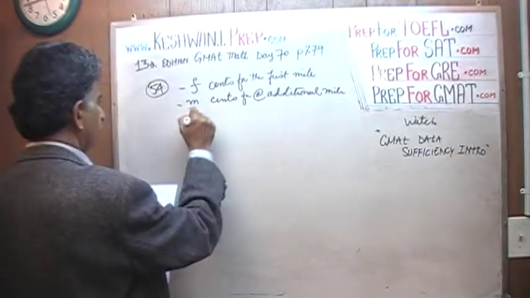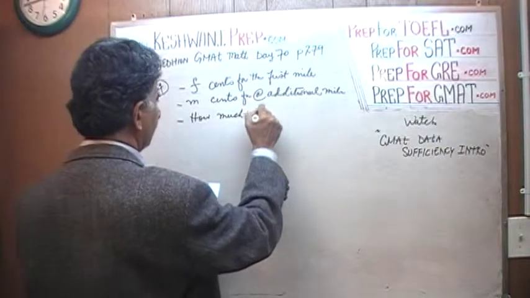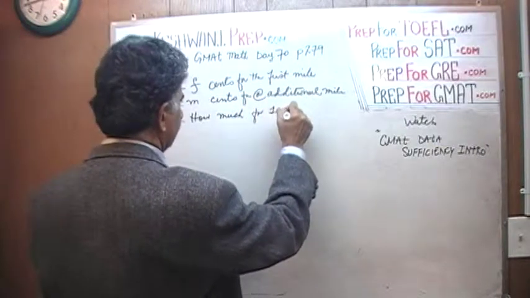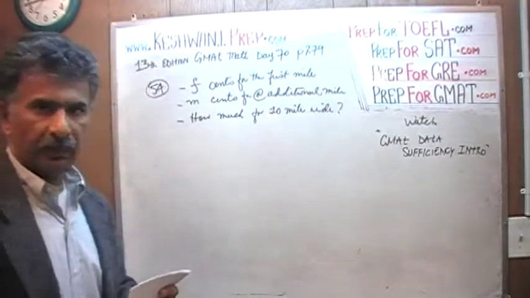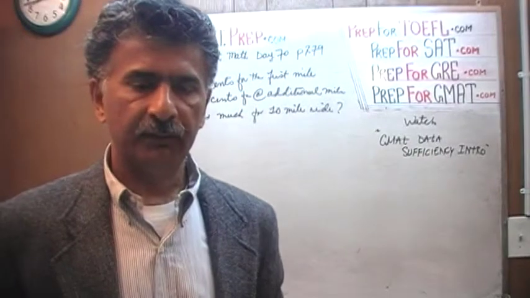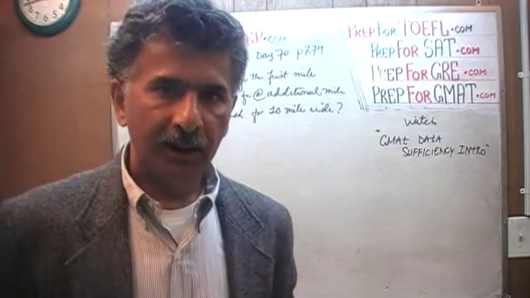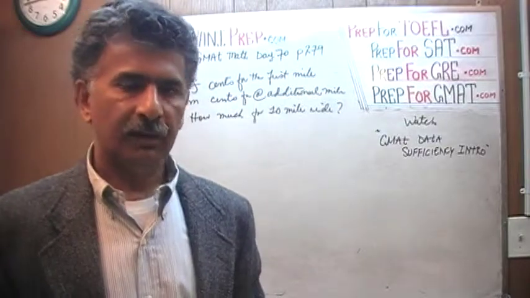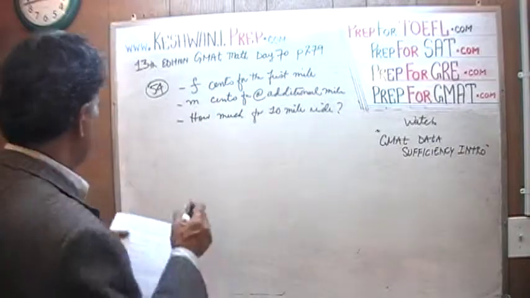The question is, how much does it cost for a 10-mile ride? So if you were to ride in this taxi for 10 miles, given that it charges F cents for the first mile and M cents for additional miles, how much will you end up paying for a 10-mile ride?